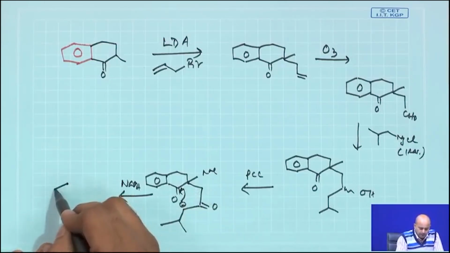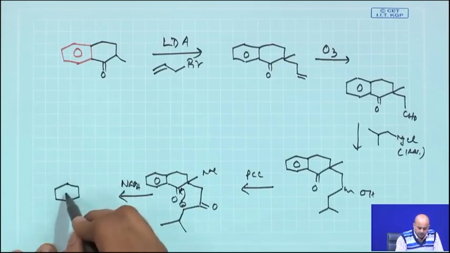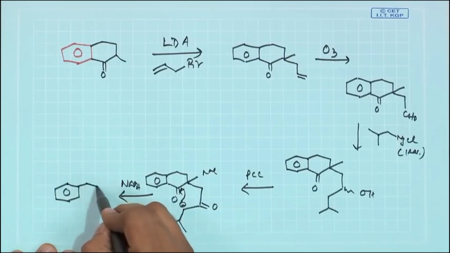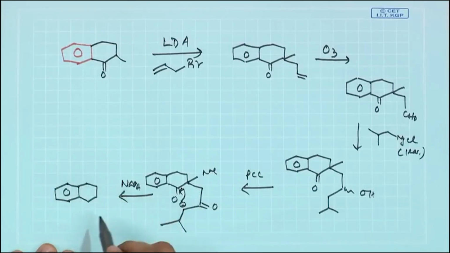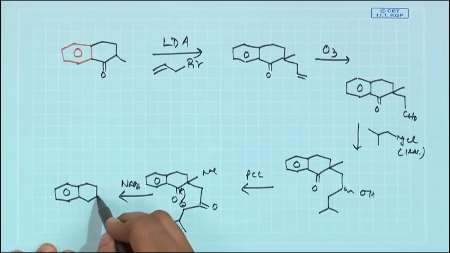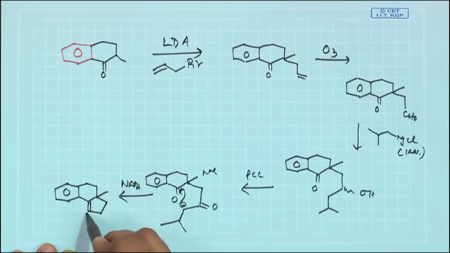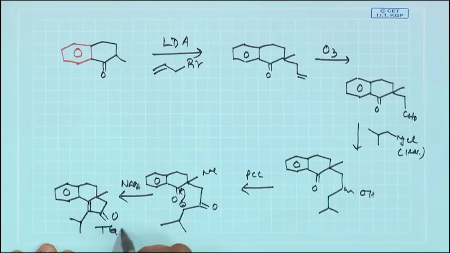So, in the aldol fashion it will undergo intramolecular aldol dehydration, and the product which you will now get has a 5 member ring here, you have a double bond here, this isopropyl group and this carbonyl. So, it is a very straightforward disconnection, but stepwise you are disconnecting it.